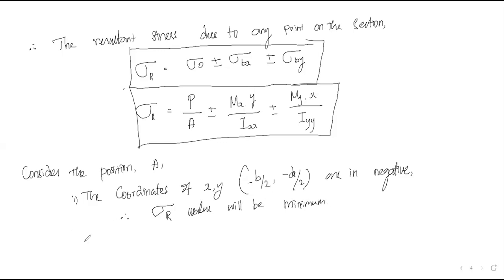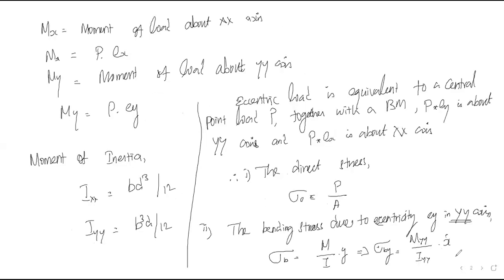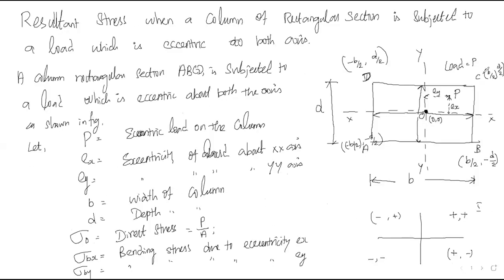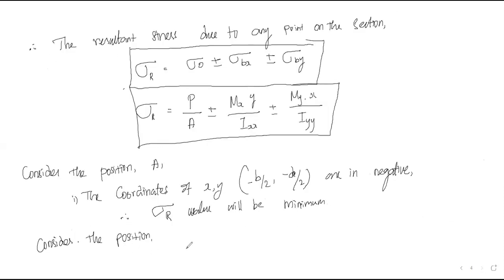Okay, next consider the position C. So here both b by 2 and d by 2 are positive, so the stress will be maximum.